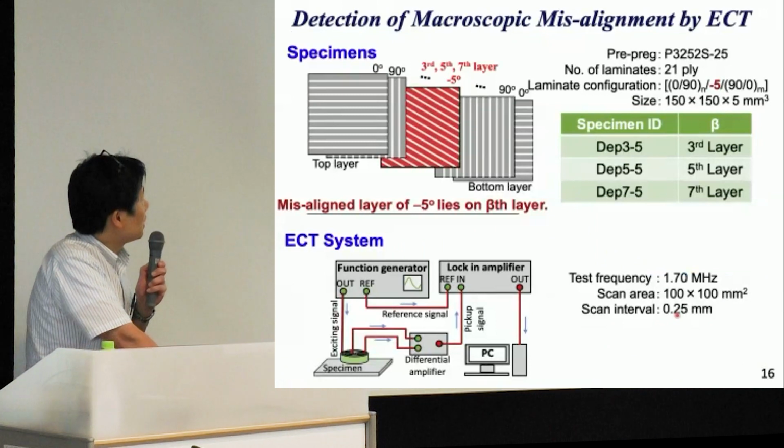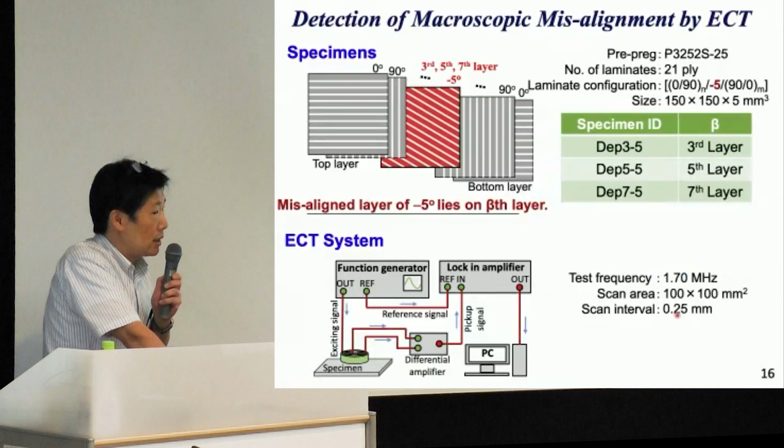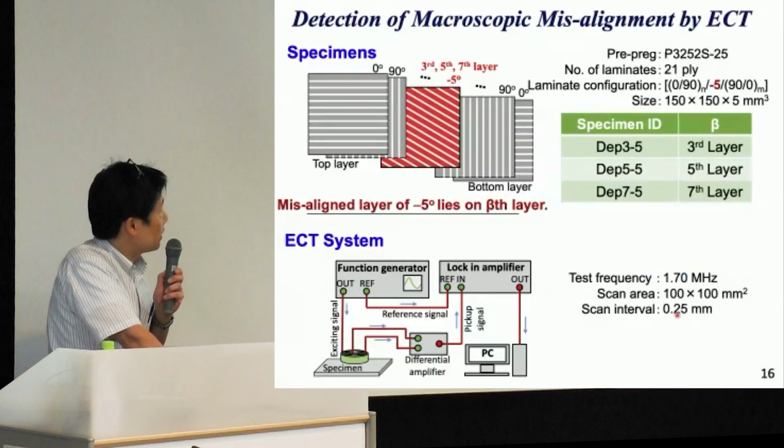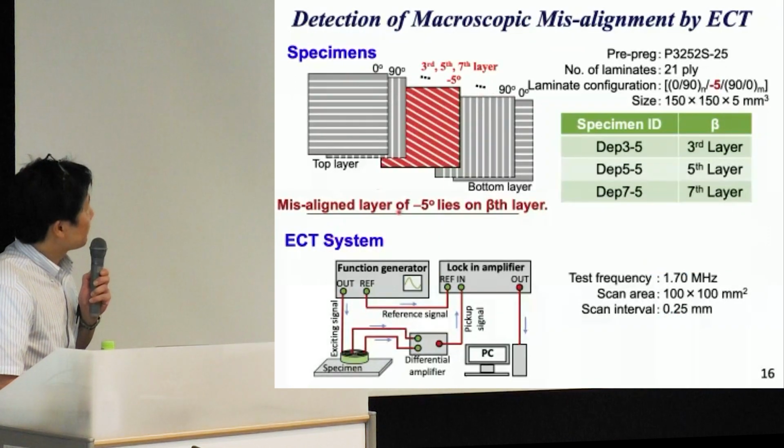Then we applied eddy current testing for detection of a macroscopic misaligned layer. This is a specimen with a misaligned layer.